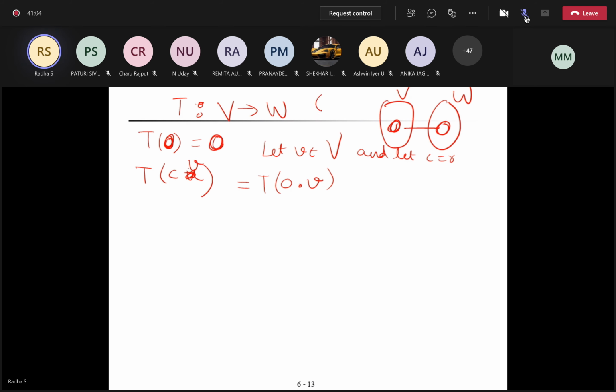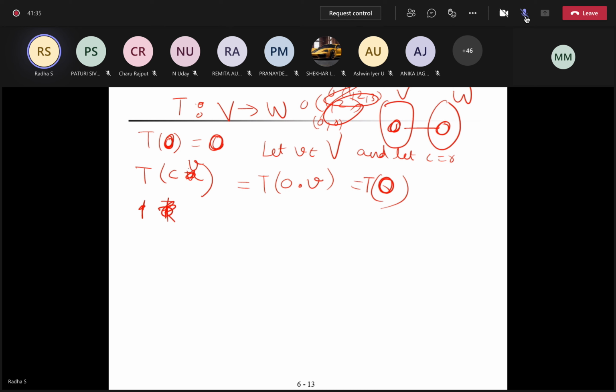For example, if your vector is (1, 2), if you multiply by 0, it is (0, 0). If your vector is (1, 2, 3), and if you multiply by 0, it is (0, 0, 0). So, 0 vector in that particular vector space. Depends upon the space. So, it is T of 0 vector. But we know T of c times v is c into T of v, right?